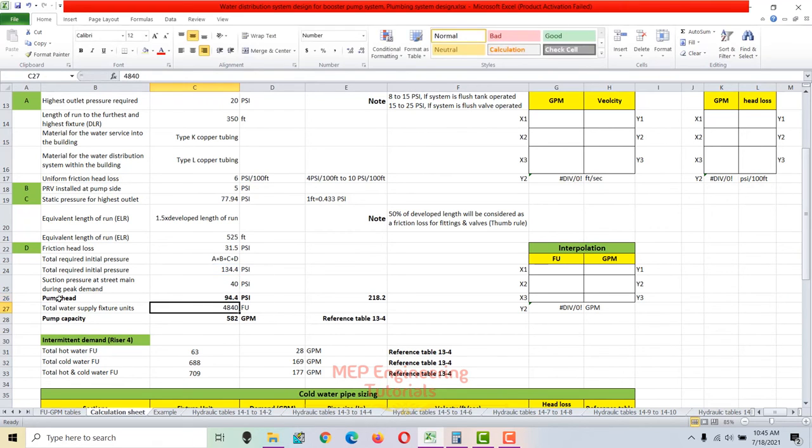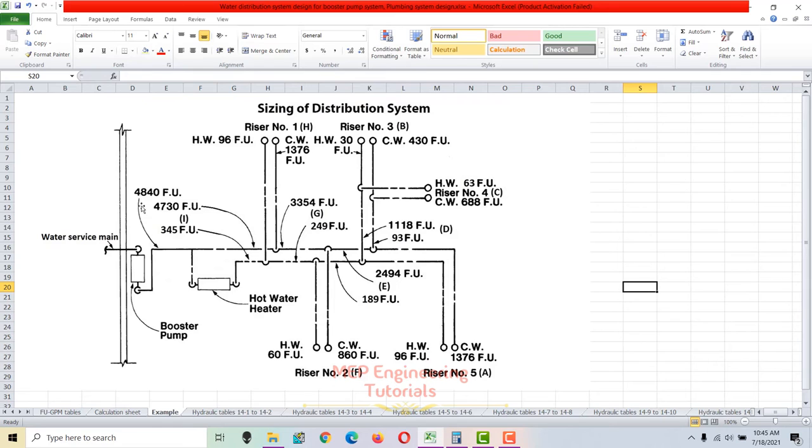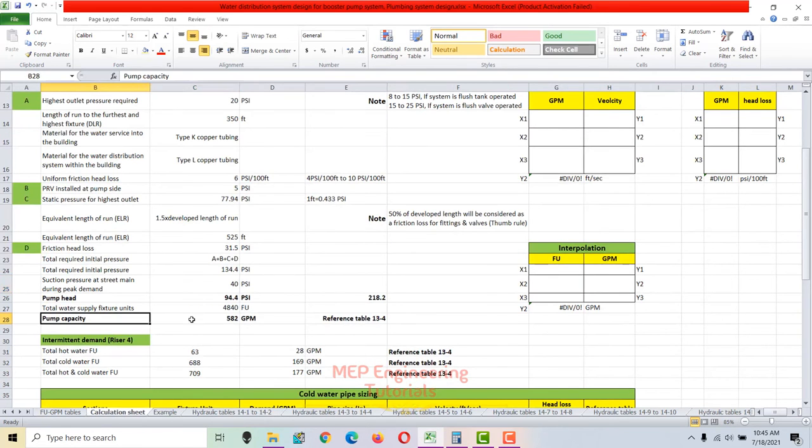That means the pump head is 94.4 psi, and if you want to convert this into feet, you will get 218 feet as the pump head here. So if you see over here, the total water supply fixture units which we calculated here, which I will tell you later. Let me just calculate the pump head and total capacity.